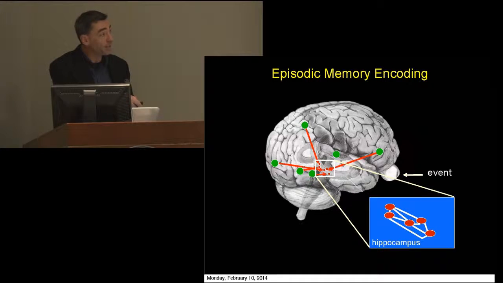It's in fact thought that this conjunctive or associative representation is the heart of it, the index back to this set of features that were present out in cortex. You lose these representations, you lose episodic memory.